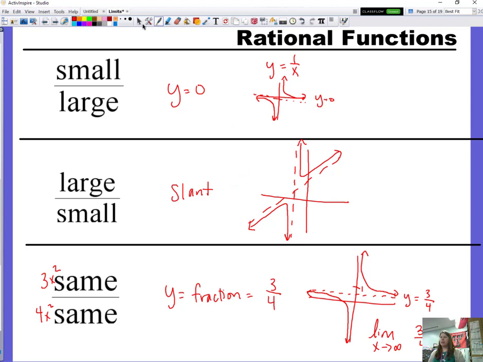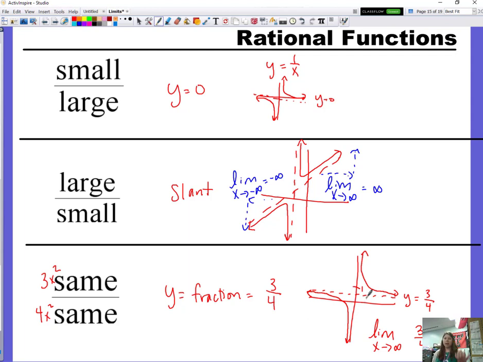If you find the limit of something that looks like this as x approaches negative infinity, it's going to be negative infinity, because as you go left, you're going down forever. Same thing here. The limit as x approaches positive infinity, as you go right forever, you're going up forever. And so this would be positive infinity.